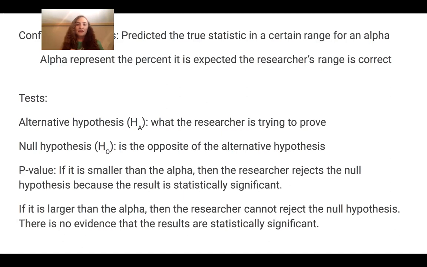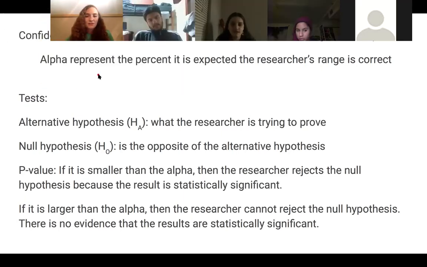That means the 95% is your confidence level, so it would be a 5% alpha, and we expect that 95% of the time the average number of COVID cases is between 1% and 5% in this area. So that's a confidence interval. Does that make sense? Does anyone have questions? Okay, good.